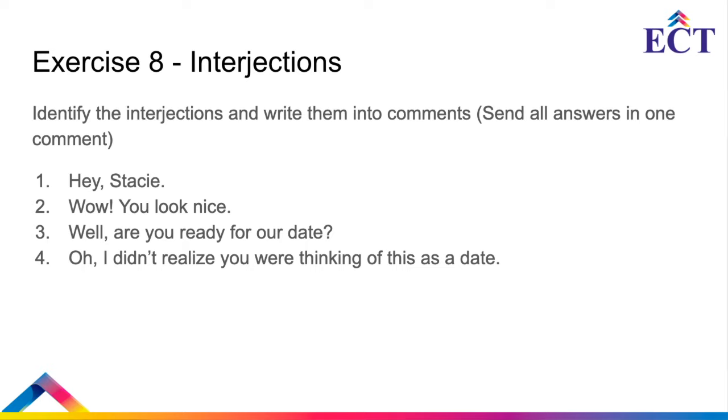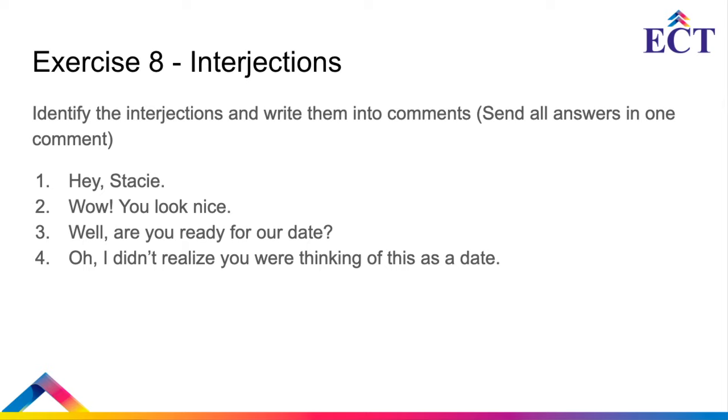Okay, Sanjukta, you were saying in the last slide, for was used as a preposition, also as a conjunction. So for is used as a conjunction when it is connecting two parts of the sentence, and for will be a preposition when it is showing a relation between two words. Okay, in the first one it is hey. What about the second one? Wow. Okay. The third one is well, and the fourth one is oh. Right. Yes. So most of you know about this.